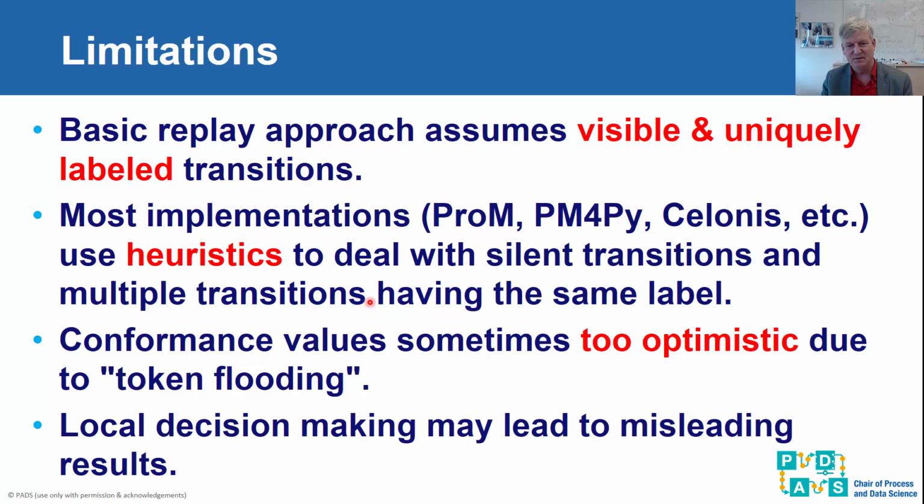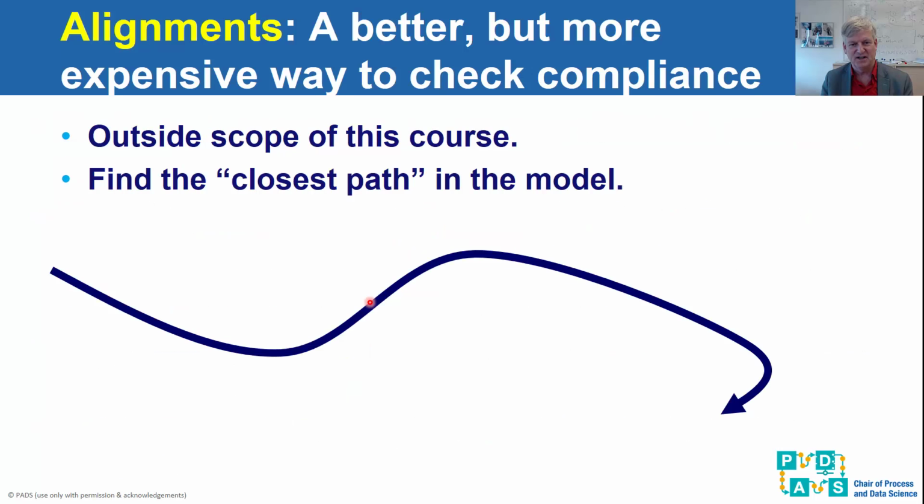So there are all these limitations, and to talk more about that would go too far in this lecture. But there are more sophisticated techniques that do not have these types of problems. At this point in time, specifically in the academic world, the notion of alignment is the central topic to do this.